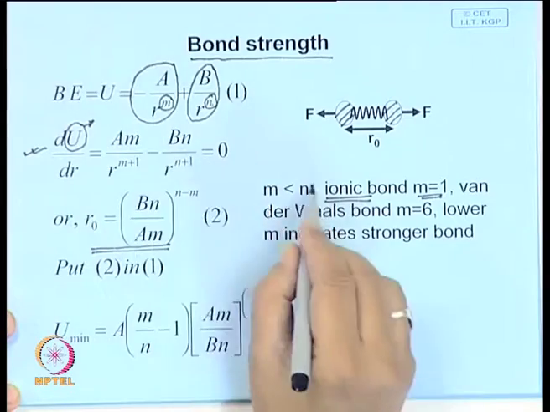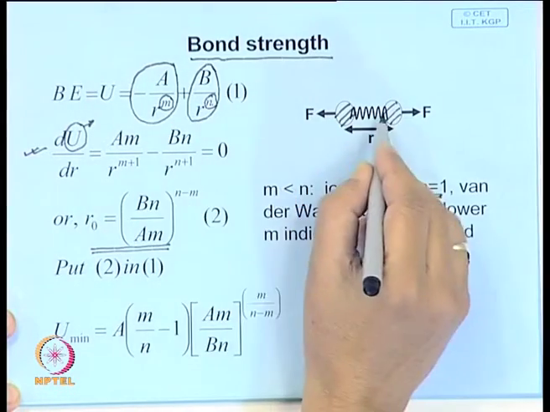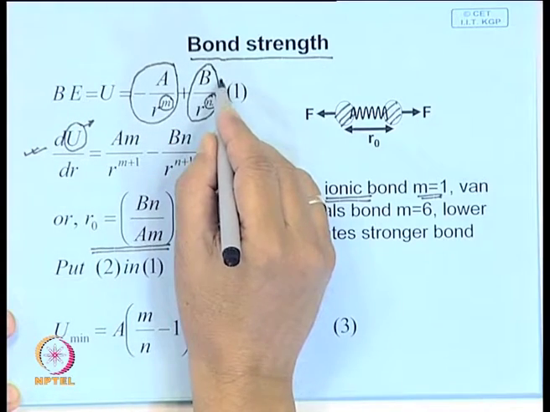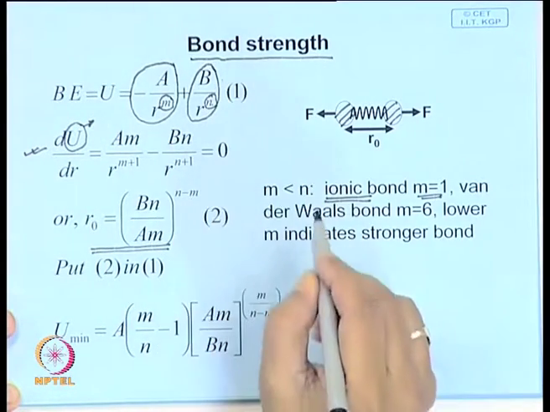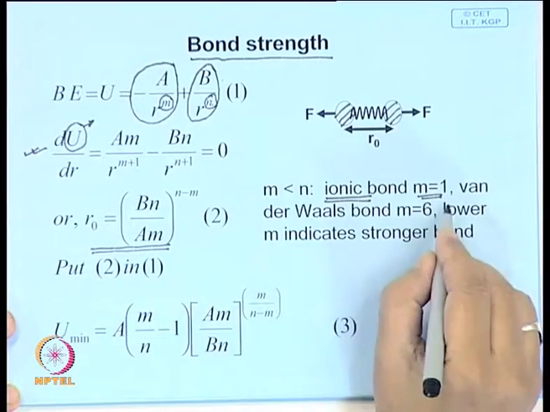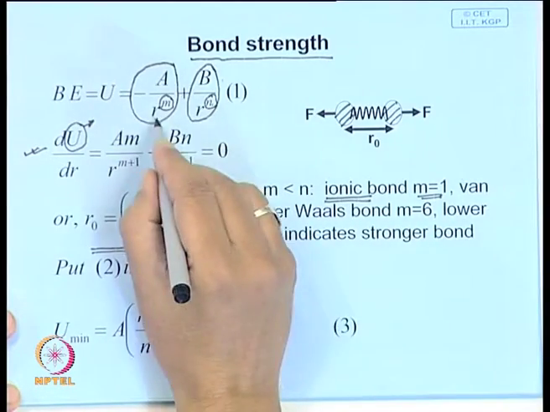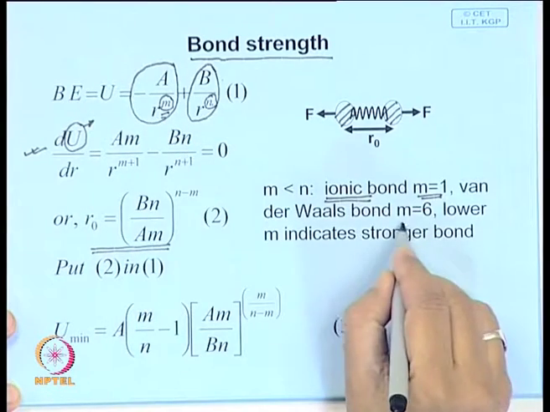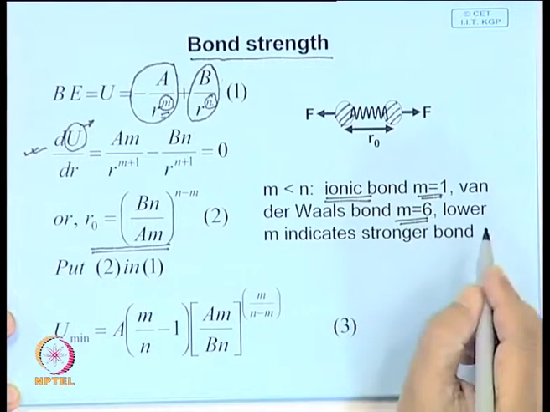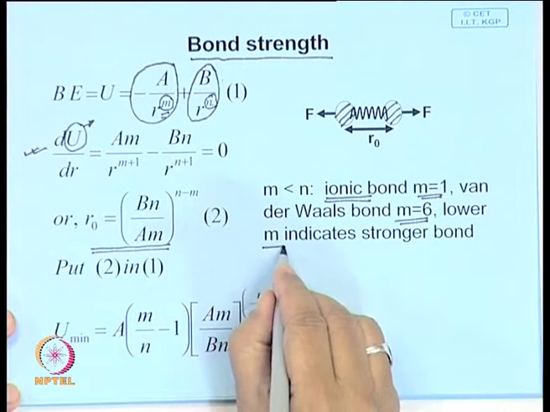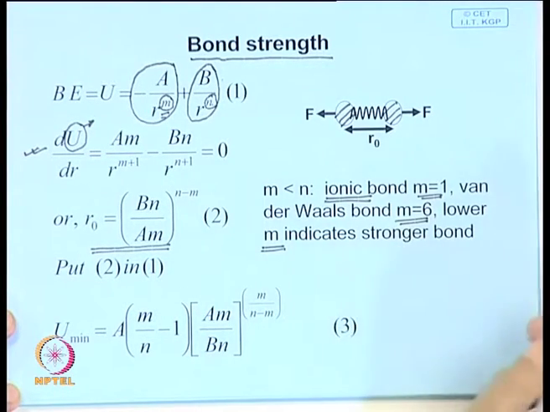So, that means when the atoms are nearby, this is much more dominant than the repulsive force. Now, in case of a van der Waals bond which is weaker, there the index m is equal to 6. Now, lower the value of m indicates that the bond is stronger.